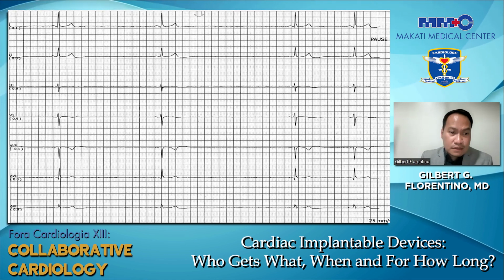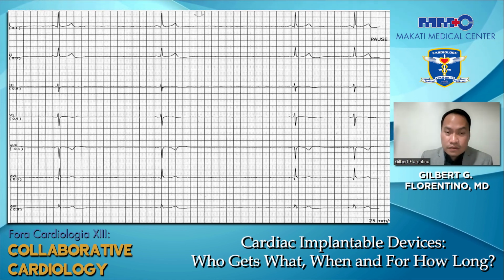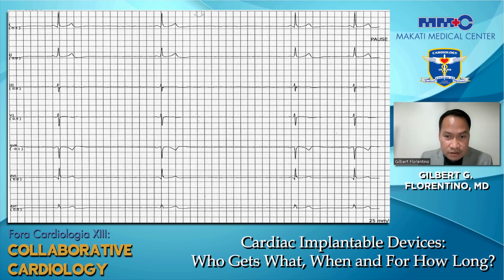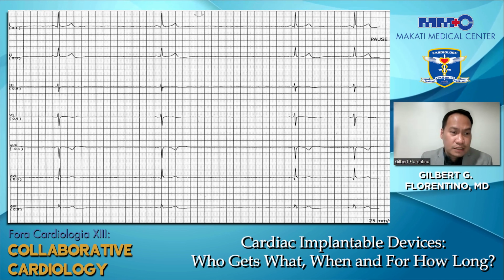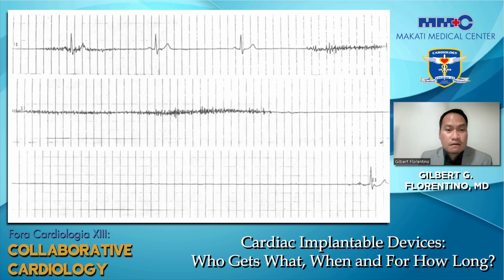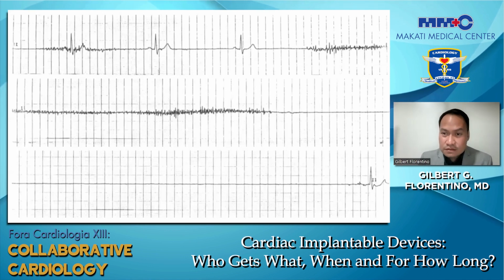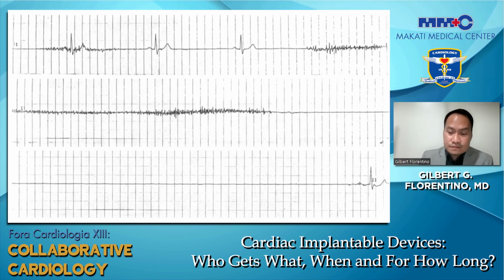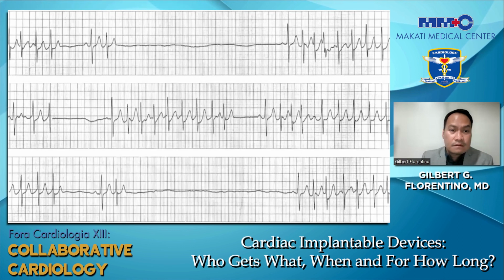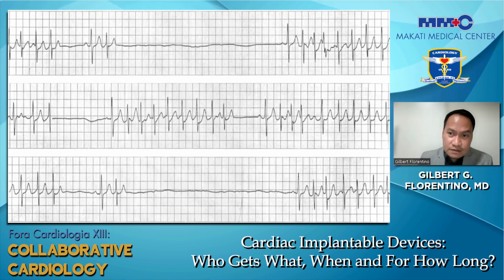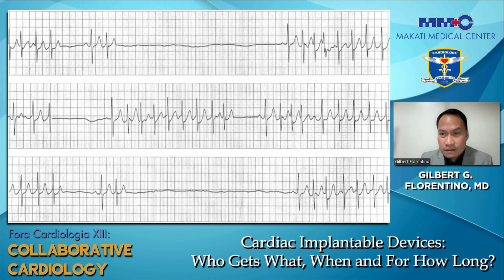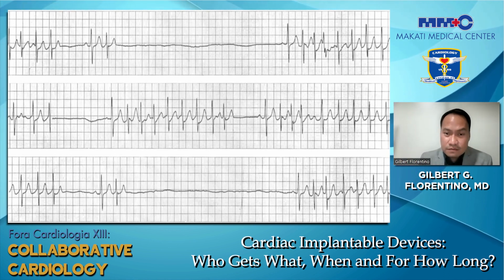So I prepared some ECGs showing a sinus pause of 3 seconds, with the patient complaining of syncope, and a longer sinus pause of 4 to 6 seconds. A patient may also complain of tachycardia and palpitation, at the same time with a history of dizziness and syncope.